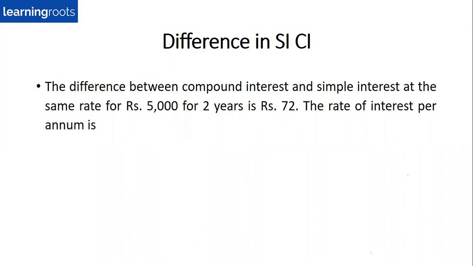So good. Now let's see how we can do this. So they have given the difference now. So P into R square upon 100 square is the formula, is equal to difference. So the difference is 72.